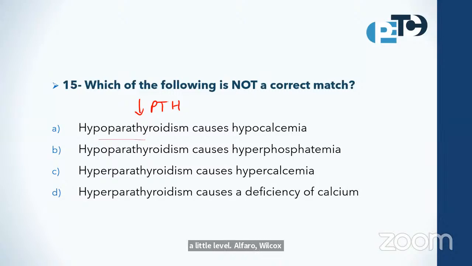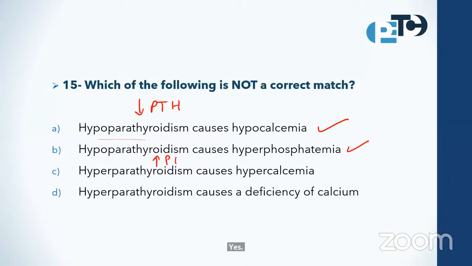Is that right? Yes, it is a correct statement. Hypoparathyroidism causes hyperphosphatemia. Is it correct? Also yes, correct, because calcium is opposite to phosphate. If we have hypocalcemia, you will directly have hyperphosphatemia.